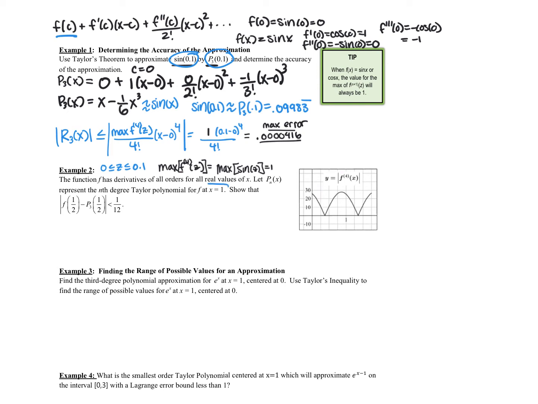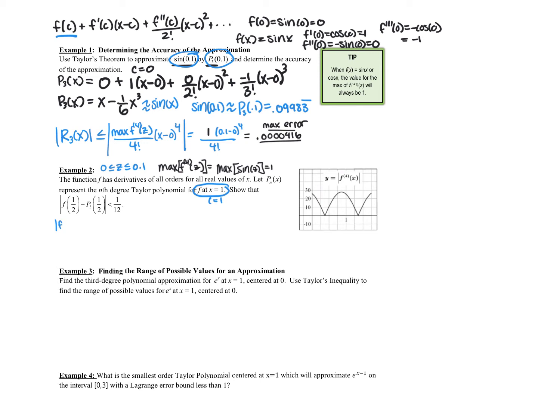When we say the Taylor polynomial at x equals 1, that means the center is 1. We're going to do a third degree Taylor polynomial again, and we're going to approximate f at 1/2. If I plug 1/2 into f and plug 1/2 into my Taylor polynomial, subtract those, that's your error, right? So we're going to show that the error is less than 1/12.